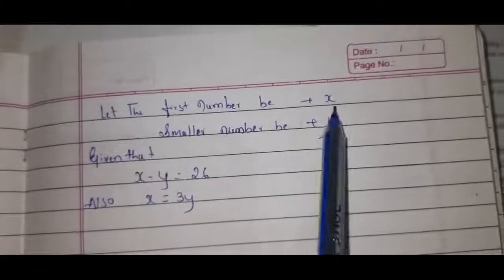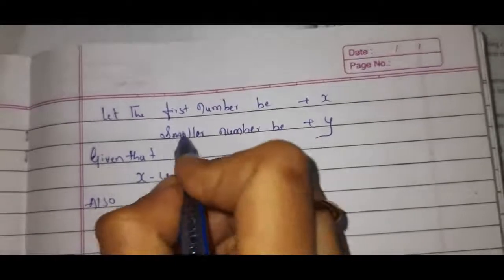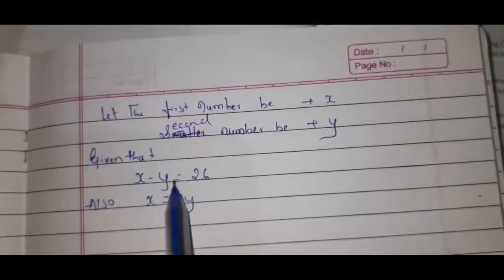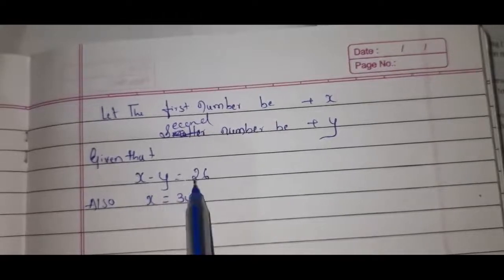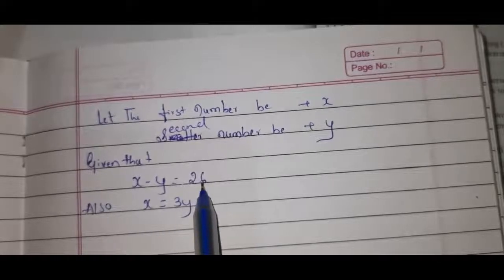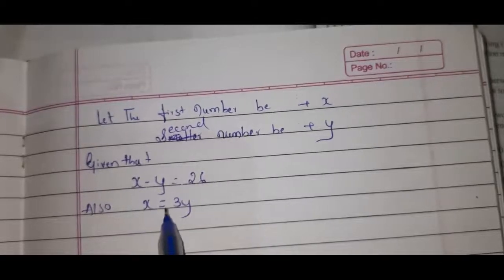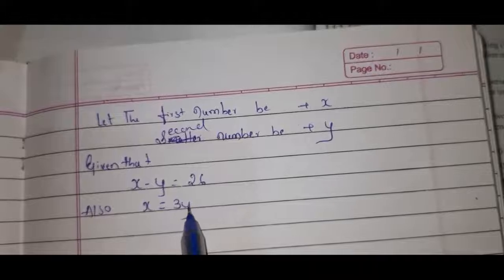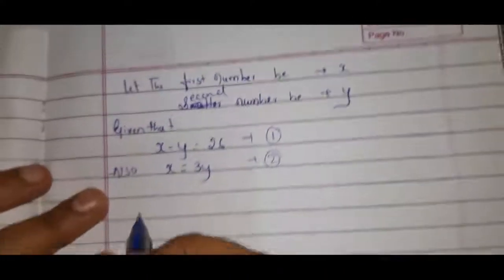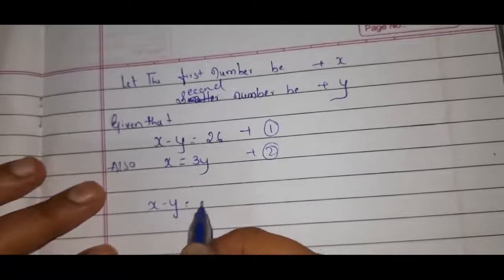Let the first number be x and the second number be y. Given that x minus y equals 26, the difference of the two numbers. x minus y equals 26, and one number is equal to 3 times the other number. Take these as equation first and equation second. x minus y equals 26.